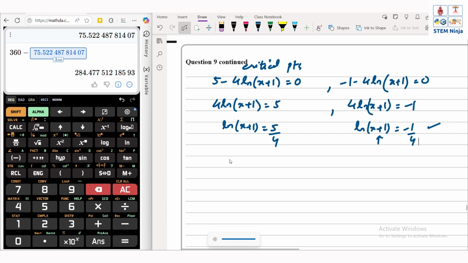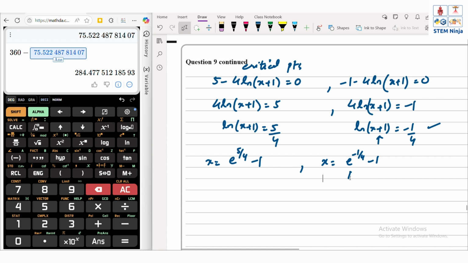So when we reverse the ln, we get e raised to the power 5 over 4 minus 1 equals x, and the other one would be e raised to the power minus 1 over 4 minus 1. So we have two points over here. Which one is lesser?